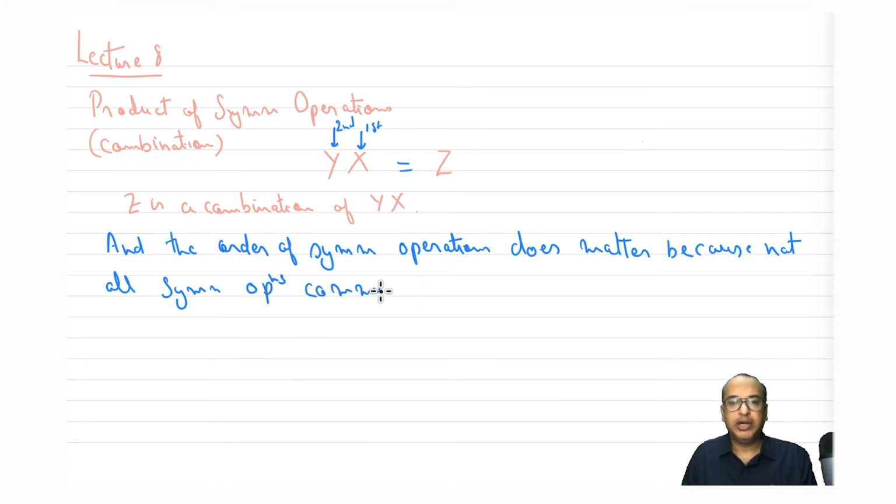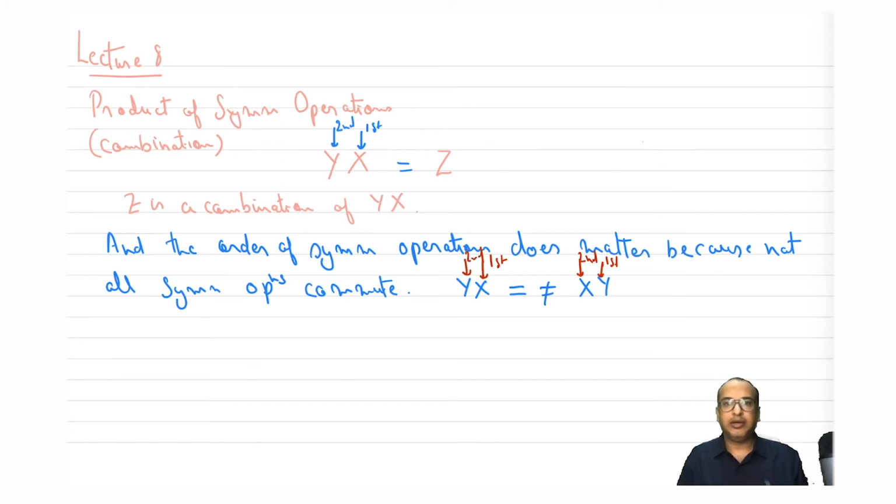We have seen that earlier. What is a commutation of symmetry operations? What I mean is that yx is not necessarily equal to xy; it may or may not be equal. Here this is your first and this is your second operand, and in the other case x is your first and y is your second operand.